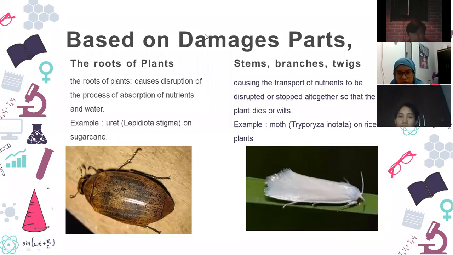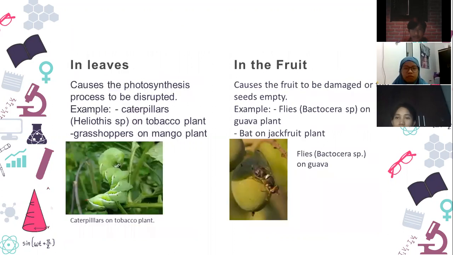Example, the moth Tryporyza innotata on paddy plant and Asterolecanium striatum, which sucks the juice of orange stem. Number 3, in leaves, causes the photosynthesis process to be disrupted.